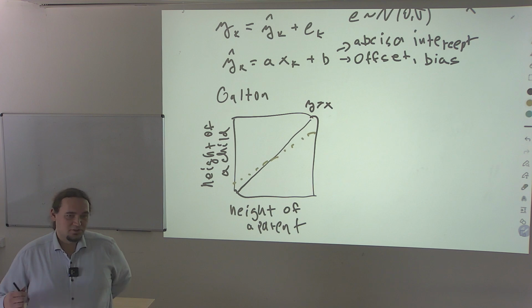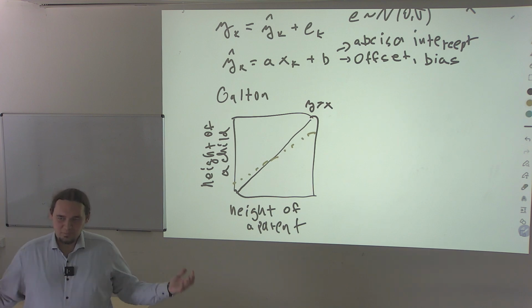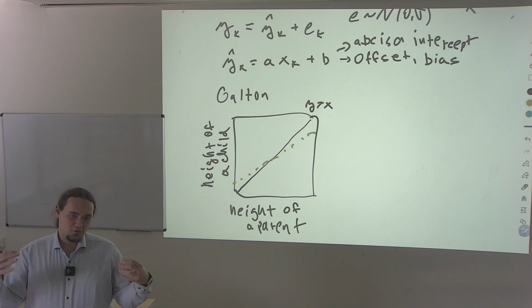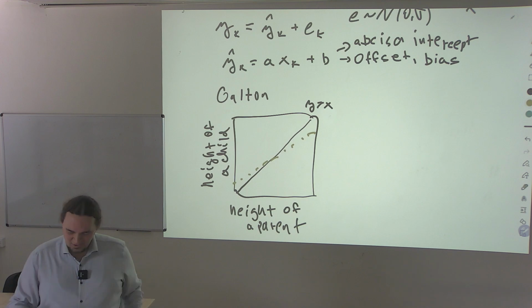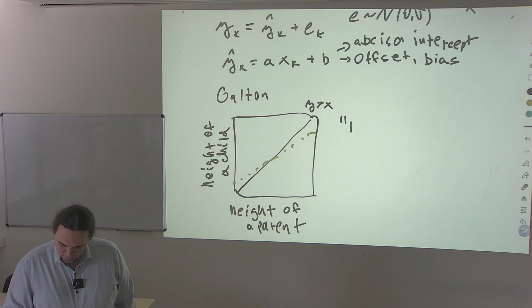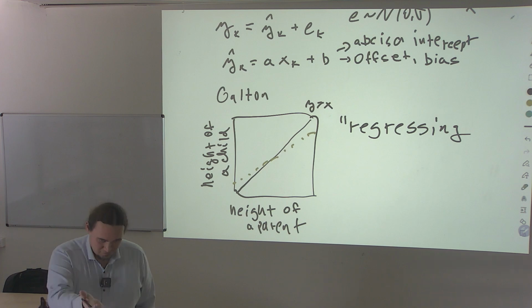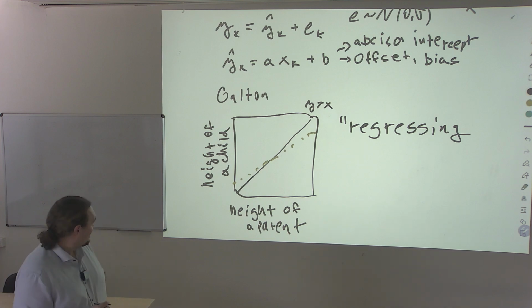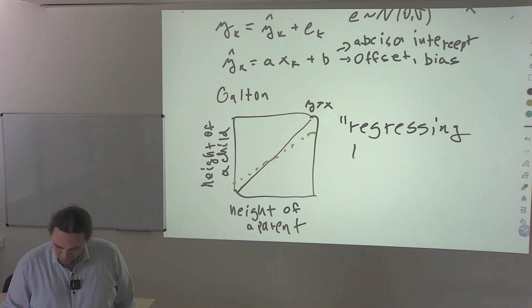And he concluded that the height of the people in the population is turning towards the mean. He said the height of the children is regressing, so descending, as Jakub said, regressing towards the mean, towards the average.